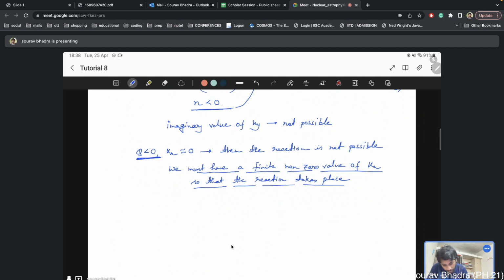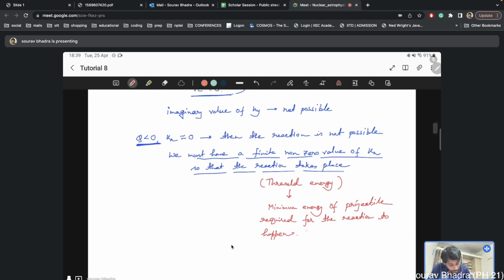Okay, so this was the thing. From here I will write, the threshold energy understanding comes into the picture. Threshold energy is the minimum energy of the projectile required for the reaction to happen, only for those reactions which have q less than 0.